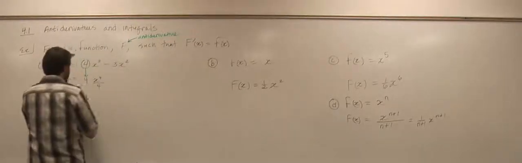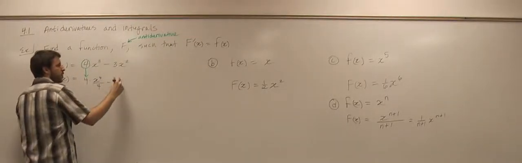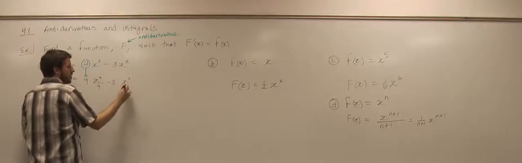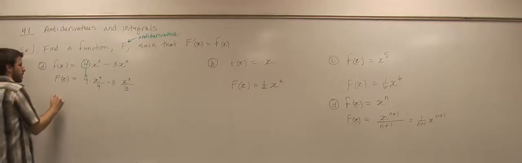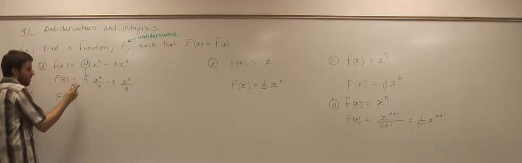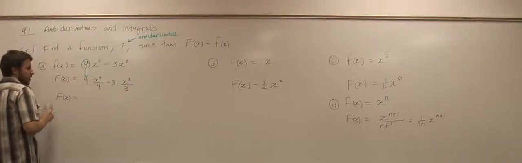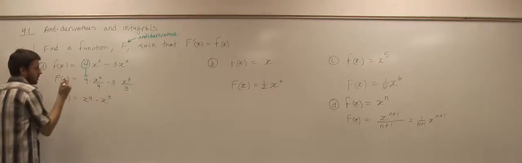And then you go on. The minus 3 will follow, but then you'll add 1 to the power and divide by the result. So capital F of x, an antiderivative here, will just be x to the fourth minus x cubed.